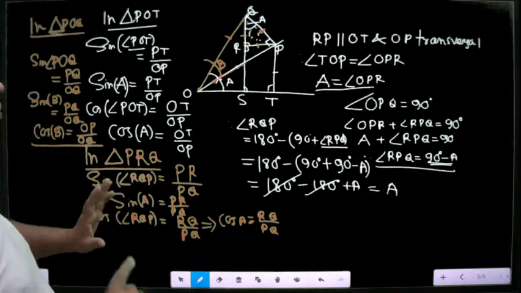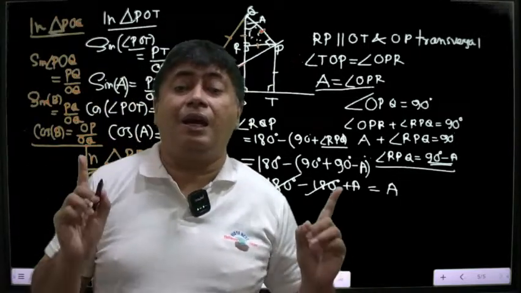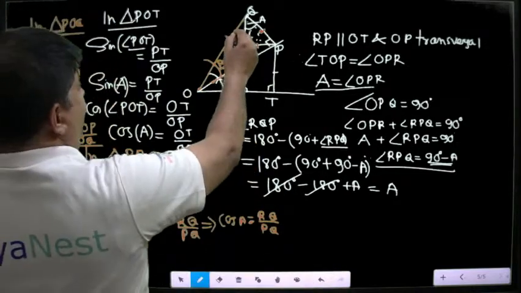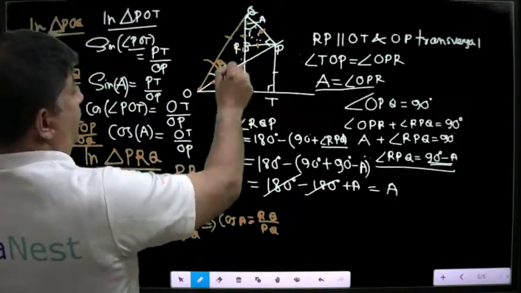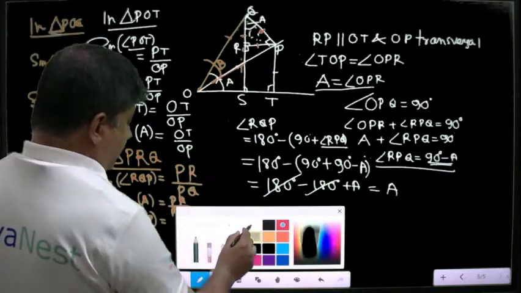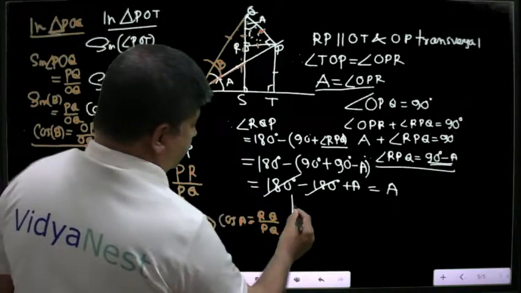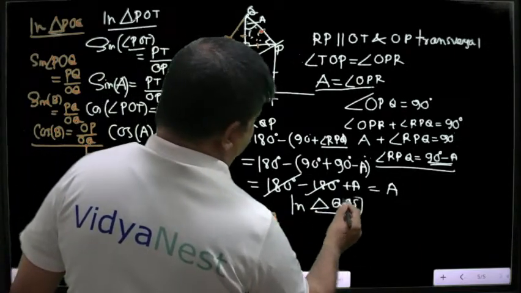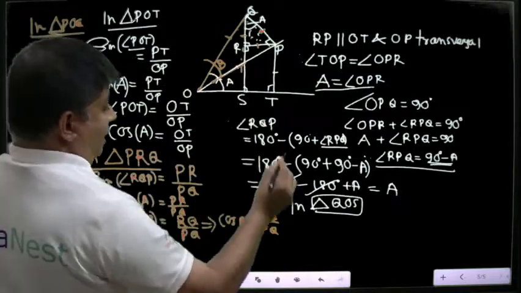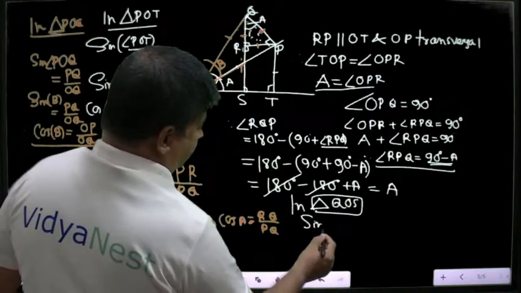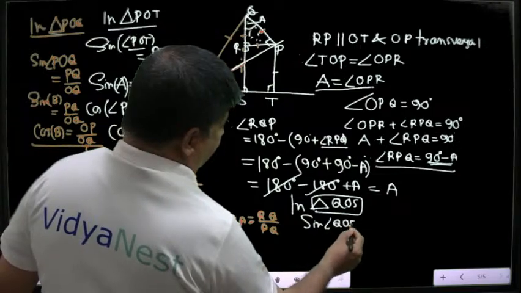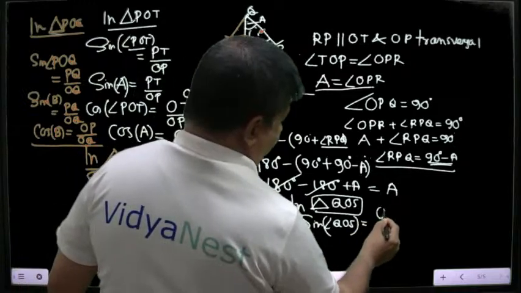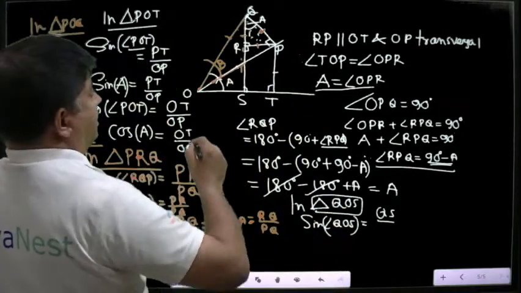Now, which triangle will involve A plus B, meaning the compound angle? That triangle, QOS. Now, in triangle QOS, sine QOS is perpendicular QS by hypotenuse.